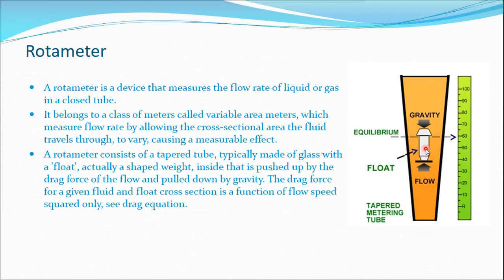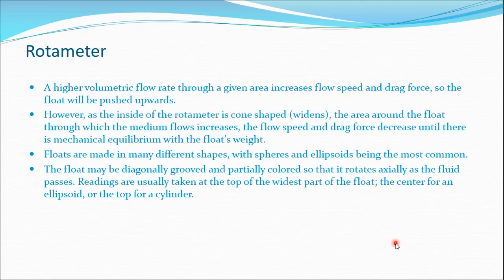This is a float, a shaped weight inside that is pushed up by the drag force from the lower side to the upper side if there is a flow in that direction, and also pulled down by gravity. The drag force for a given fluid and float cross section is a function of flow speed squared only. You can see the drag equation. So a high volumetric flow rate through the given area increases the flow speed and drag force, so the float will be pushed upwards.